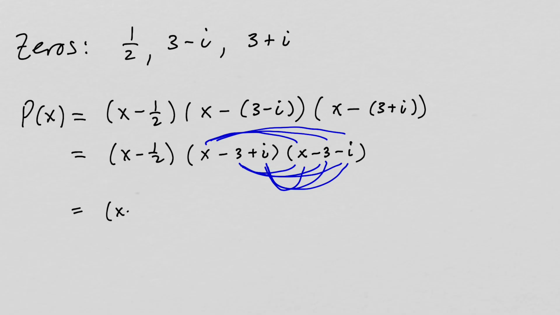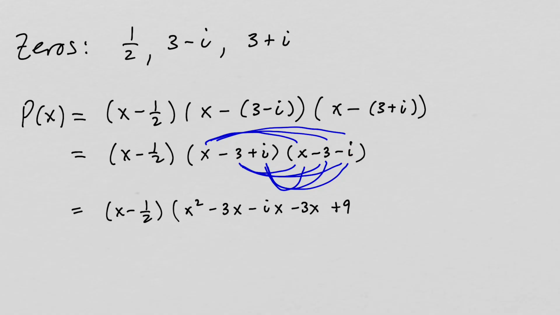And so this gives us x minus 1/2 times, so we're going to go through these now. x times x is x squared. x times negative 3 is negative 3x. x times negative i is negative ix. Now we'll move to negative 3 times x, which is negative 3x. Negative 3 times negative 3, which is positive 9.